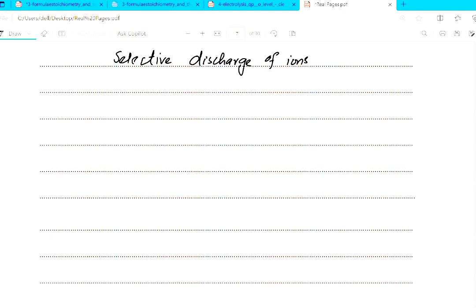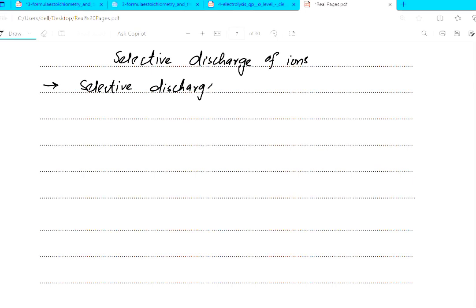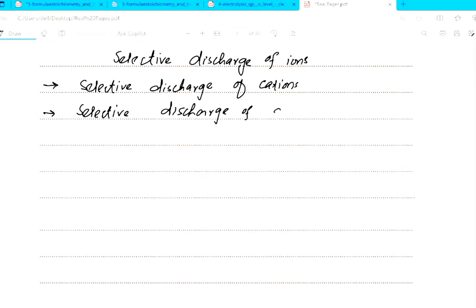There are three factors. First is selective discharge of cations. Second is selective discharge of anions.